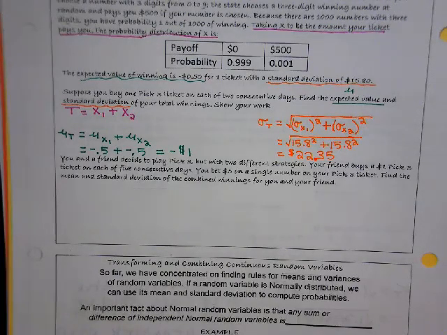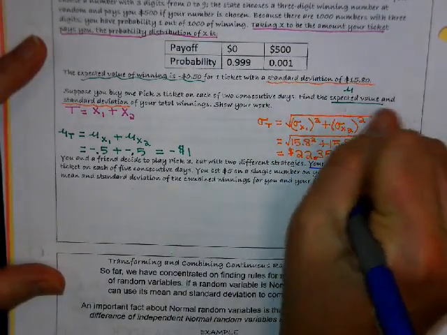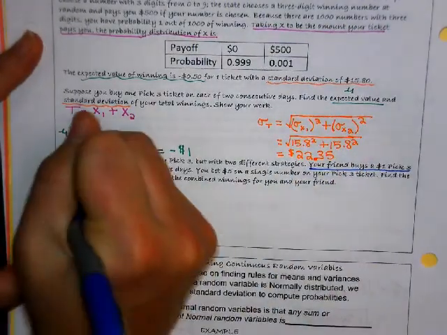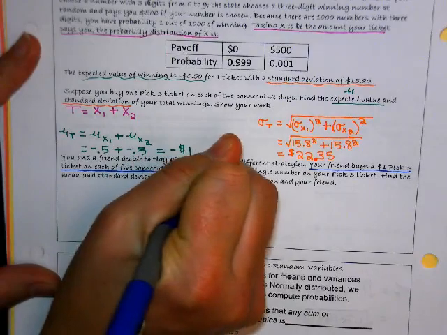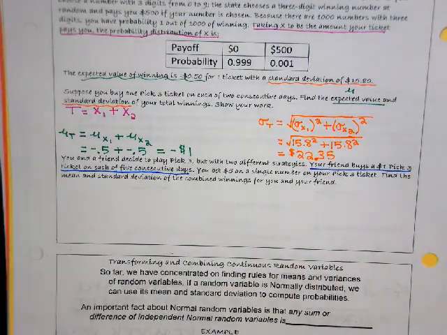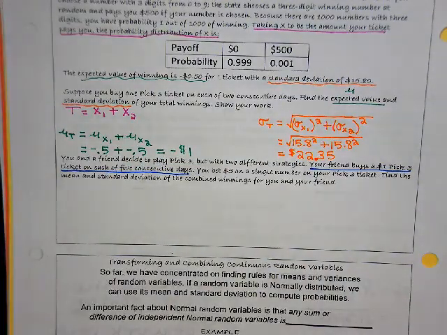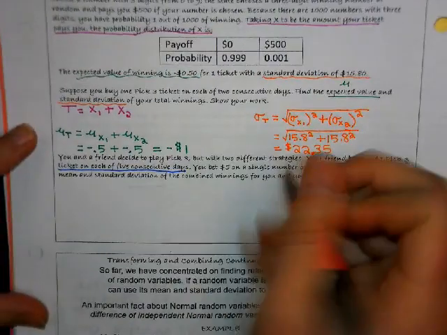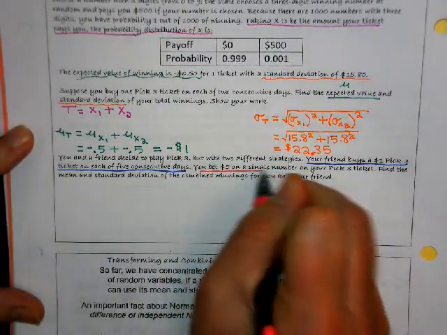We want to find the mean and standard deviation of the combined winnings for you and your friend. So your friend buys a ticket 5 days in a row. You, on the other hand, say, oh, I'm just going to bet 5 times as much on a single ticket.